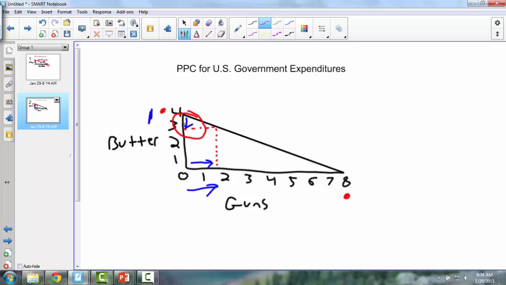So this right here, giving up that 1 unit of butter, that represents my opportunity cost. My trade-off was sacrificing 1 unit of butter to produce 2 units of guns. And remember, all opportunity costs are also trade-offs. So in this example, that trade-off is also an opportunity cost, moving from that point to that point.